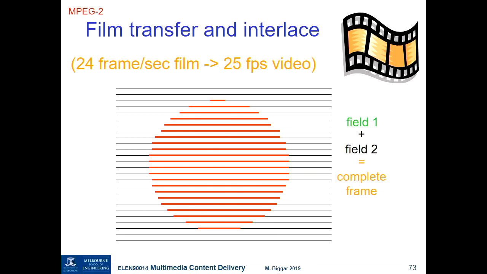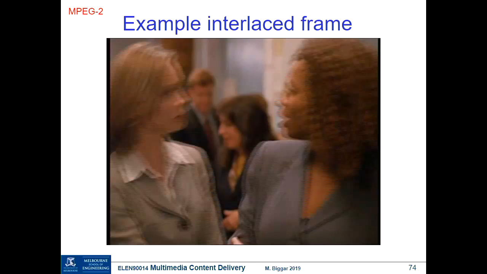So we end up with a smoother edge to our object when we combine the two fields together in one frame. Oh, sorry, I have an example here. So this is an interlaced frame. If we take both fields and put them together into a frame, we end up with these strange effects as a result of the movement between these fields.